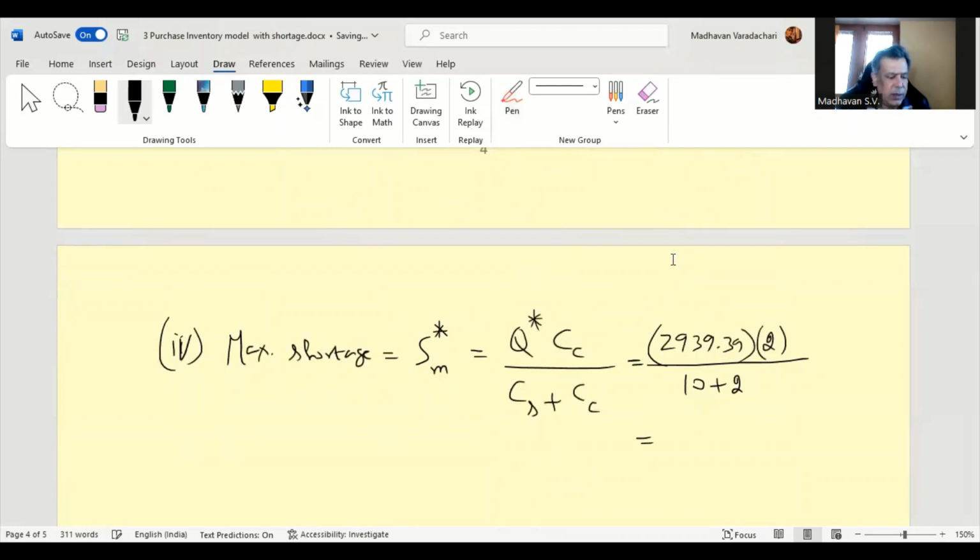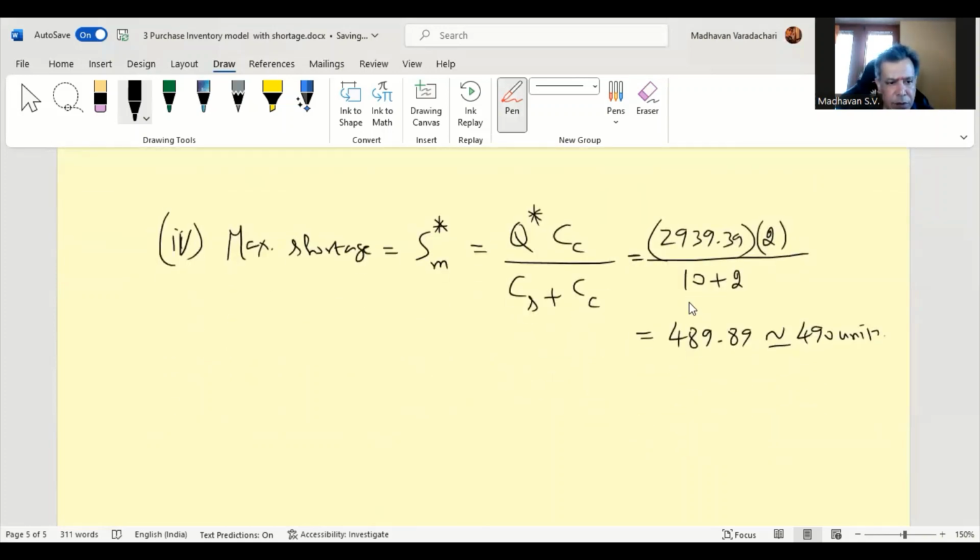Let us calculate this. 2939.39 into 2 divided by 12, we get 489.89, which is rounded off to 490 units. That is your maximum shortage.